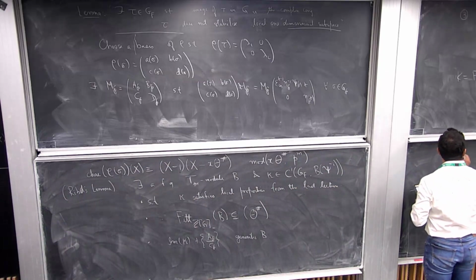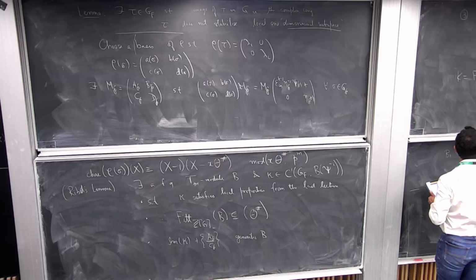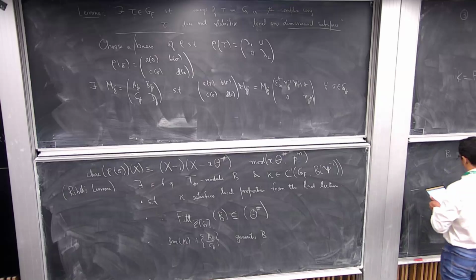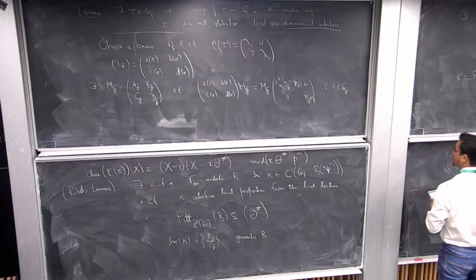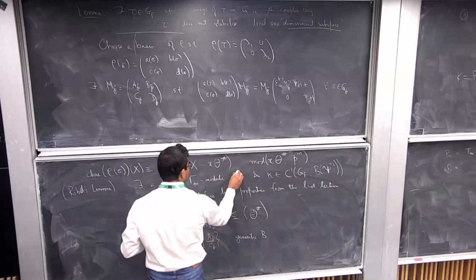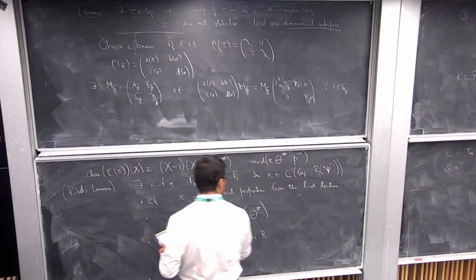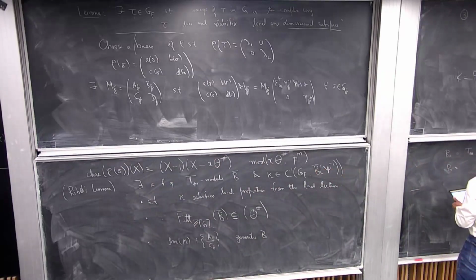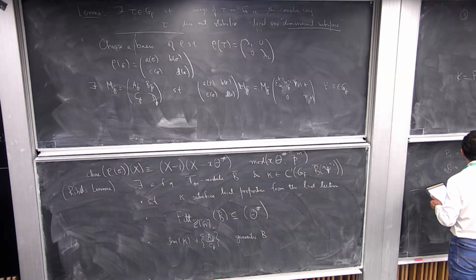So B0 is the TM submodule of K generated by these B sigmas. And B bar, no, I want to denote that by B, is the module generated by B0 and these APs over CPs.